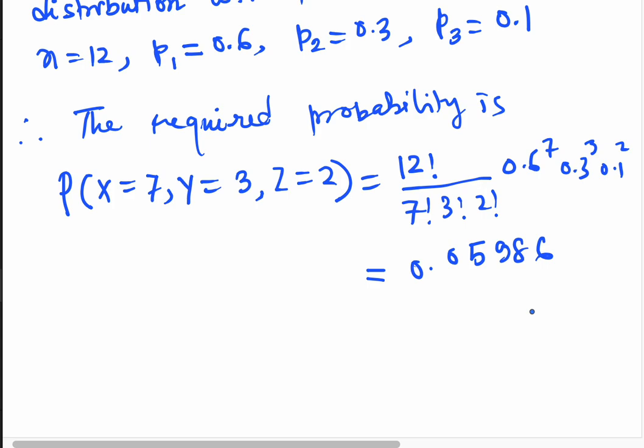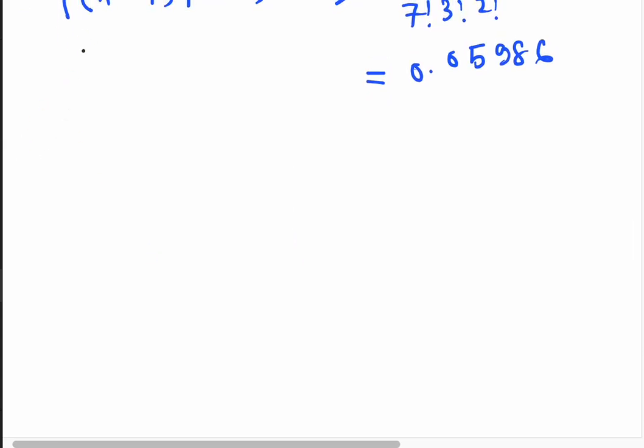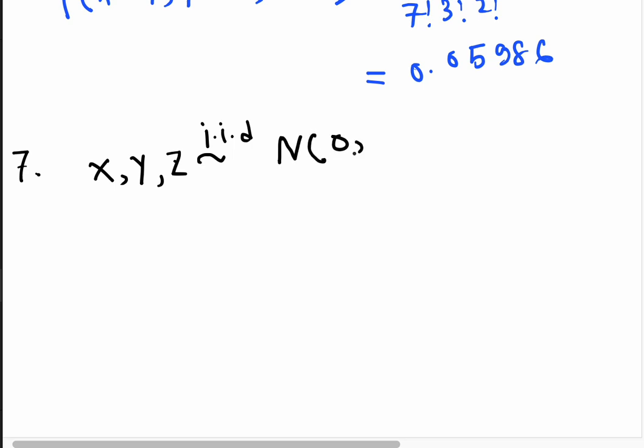Okay, now let's move toward question number 7. So it says the Cartesian coordinates x, y and z of a random point moving in space are mutually independent, identically distributed with normal distribution 0, 1.